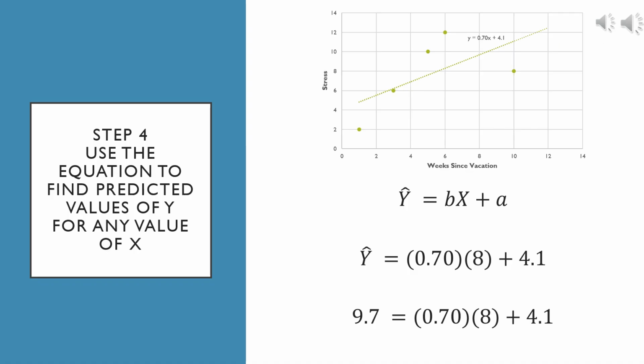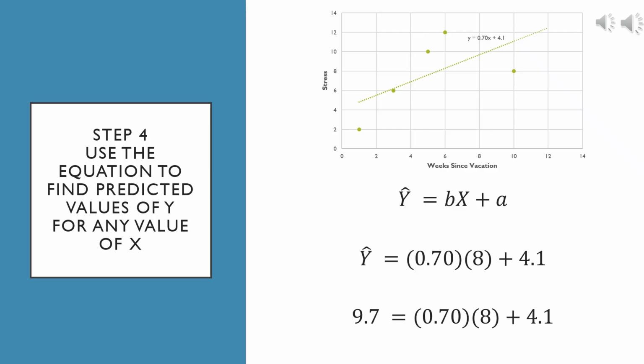So check this out. You can have Excel or other programs actually create what's called a trend line or a prediction line. In this case, we're talking about the line of best fit, and we already found the equation for it. Y equals a slope of 0.70 times x plus 4.1, right? This is that line, and you can see that the 5 different data points are there.